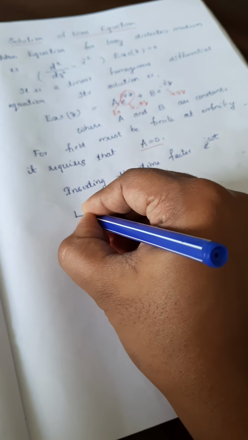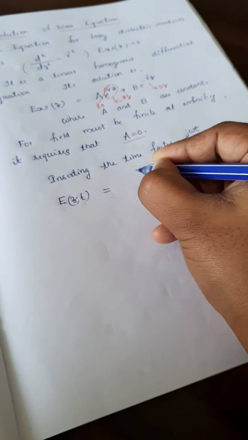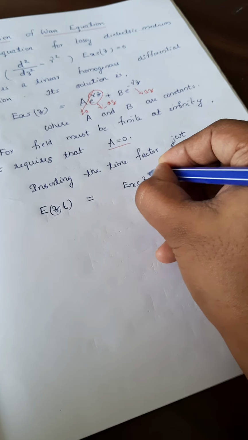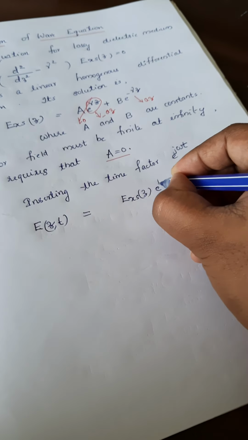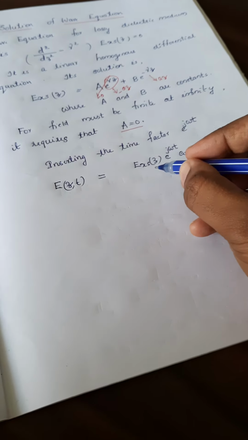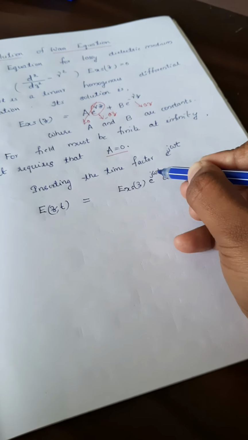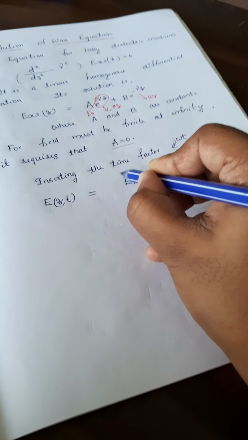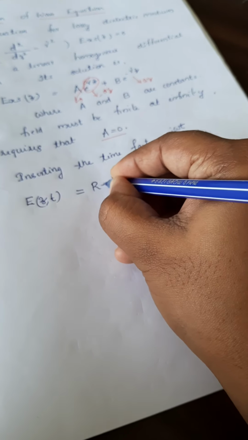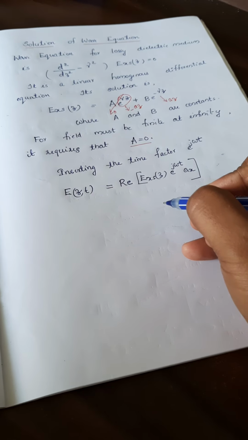So we can write E of z,t will be equal to Ex of z into e raised to j omega t ax, because we are considering only the x component of E of z. And in this equation, we are considering only the real component, so we are taking the real part of this equation.